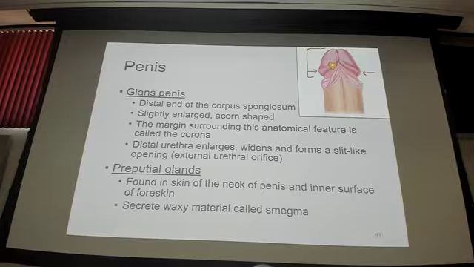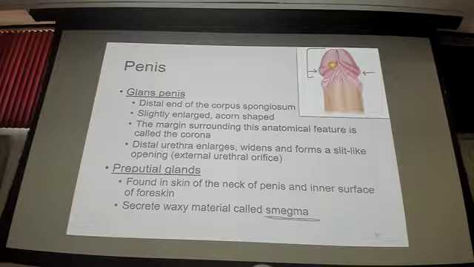Right. You have the little glands here, which is what the Google Maps thing is pointing to, the prepubertal glands. They are actually what secretes a thick, waxy-like substance called smegma.